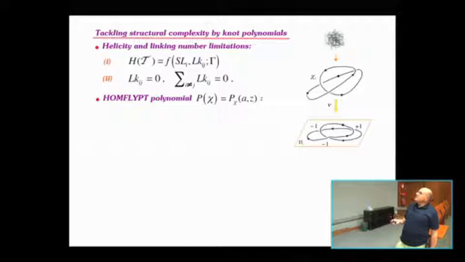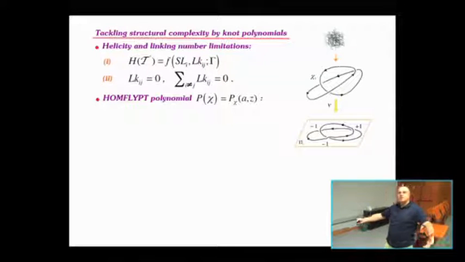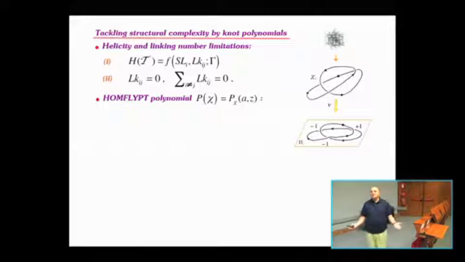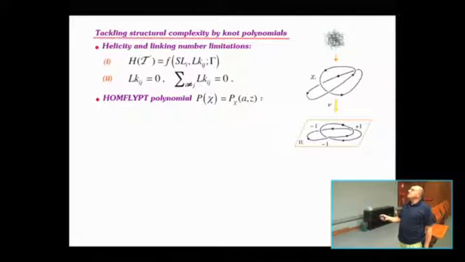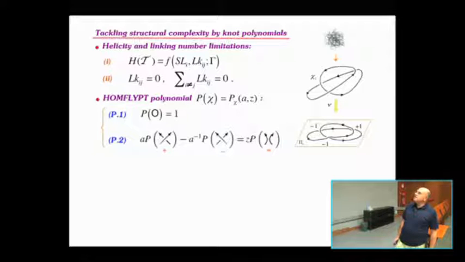So the idea is to use the HOMFLYPT polynomial on a tangle. You are in a computer, so in a computer you have everything, all the data are available. You take your tangle, freeze it, extract a component, project the component, analyze its diagram, put your usual crossing signs at the crossing sites, and then you can implement the HOMFLYPT computation.